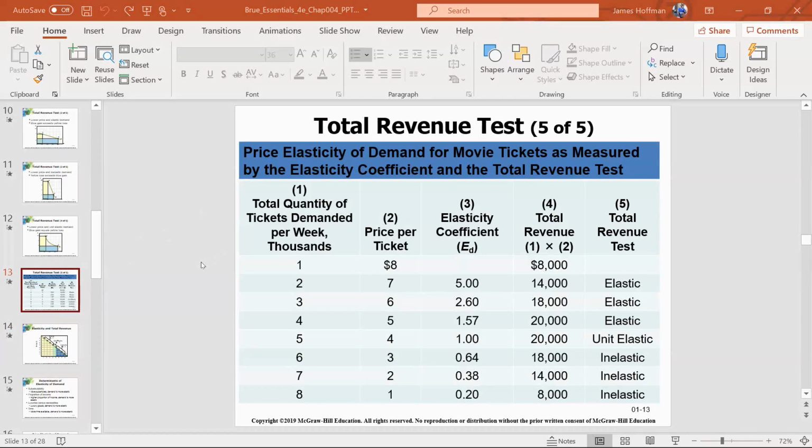Okay, and this slide, which we didn't look at, shows you how to calculate the revenue. Here's an example of movie tickets, which don't exist anymore: tickets demanded, price per ticket, and if you calculate the elasticity, it changes. It's more elastic at higher prices.